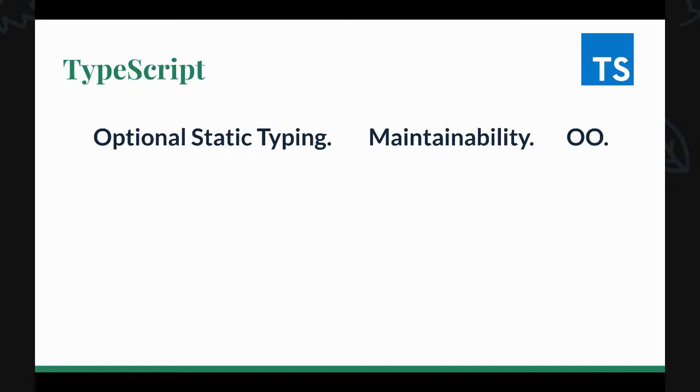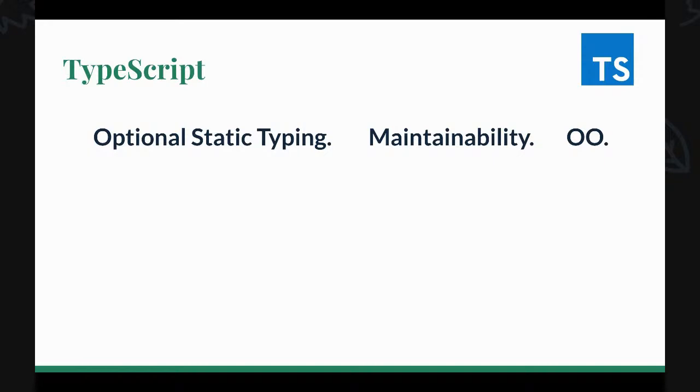The only difference is you get optional static typing, which is great, especially for a large scale app where you have a lot of features and a lot of code. It helps a lot with maintainability. So imagine you have so many functions, and you don't know which data is being returned where, what's the data type. With all this, it helps a lot with code debugging.